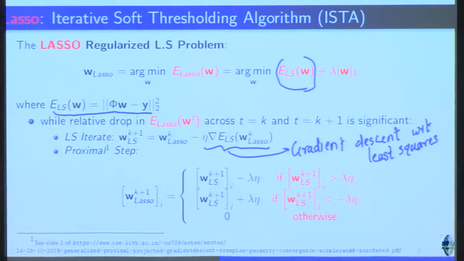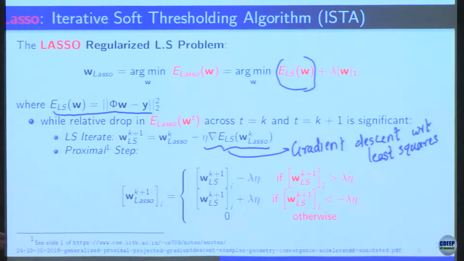I have provided you some reference to my notes on optimization, but what proximal basically means is you try to find the closest approximation to the least square iterate which has the smallest L1 norm, in comparison to the proximity to the least square iterate. Okay, so that's why it's called proximal.